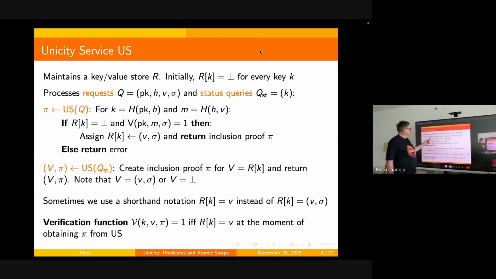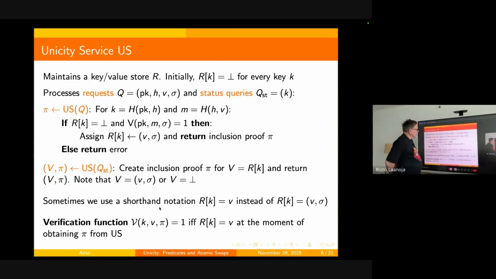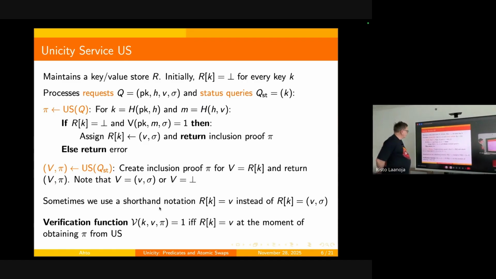The service serves requests that change R, and it also serves status queries, which just say what is stored under the key and do nothing else. They don't change R itself.